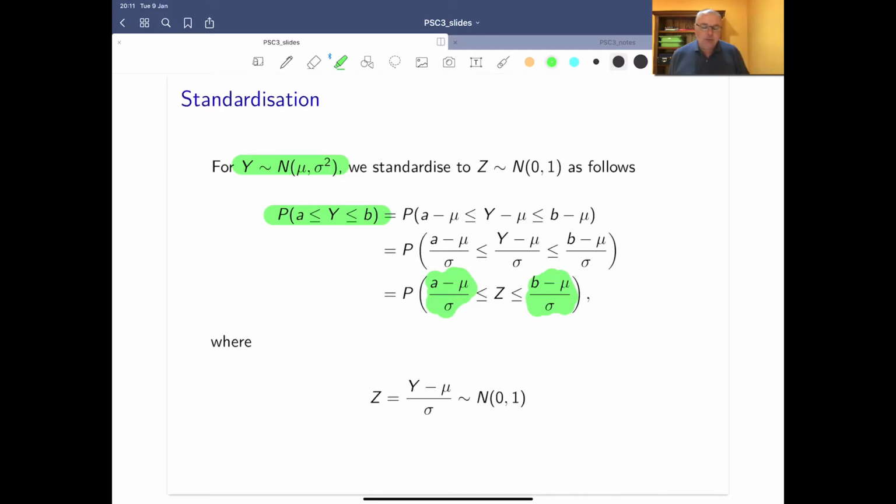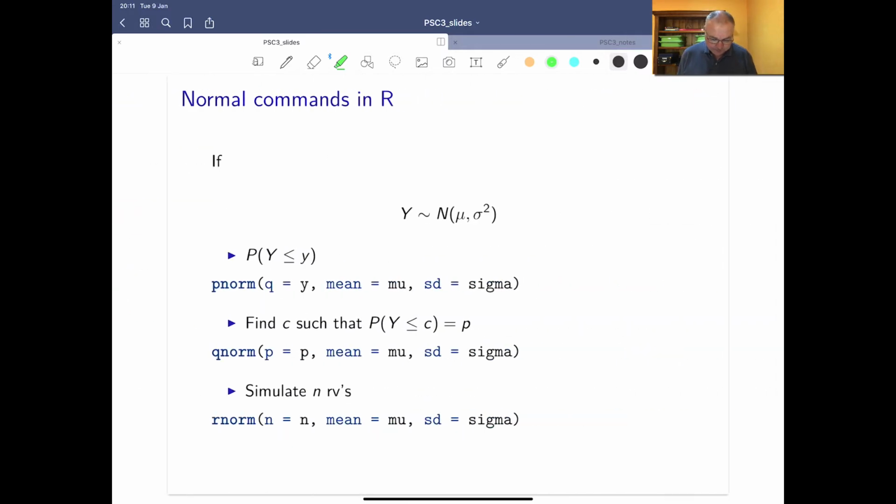What we actually do when we do our standardization is calculate how many standard deviations away from the mean A is and how many standard deviations away from the mean B is. That is it. I'm not going to show you an example. I'm not going to go into details. We now have code, computers that can do all this, so I'm not going to bother.